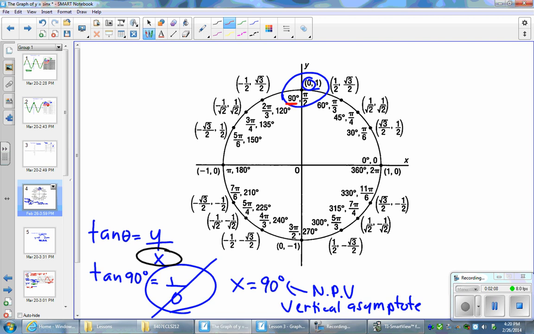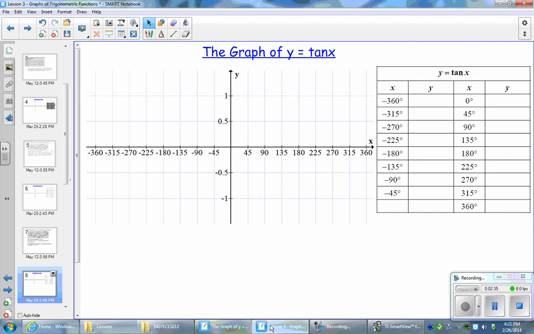The next point where x is equal to 0 is right here, and that angle is given by 270, or 3 pi over 2. Okay, and then the next angle after that will be 90 degrees again. So every 180 degrees, you'll notice that the tan function is not defined. So therefore, on my graph, every 180 degrees or pi radians, you're actually going to see a vertical asymptote.